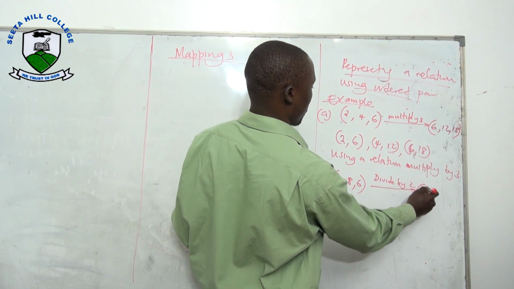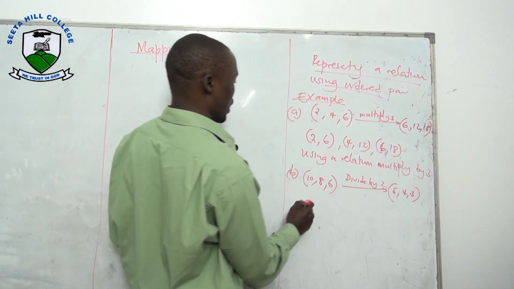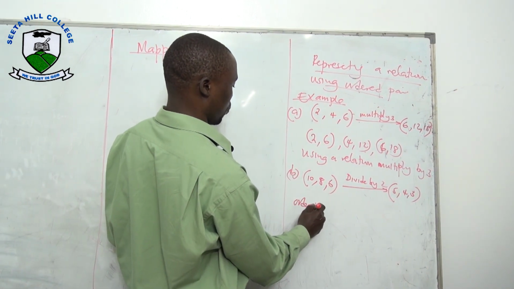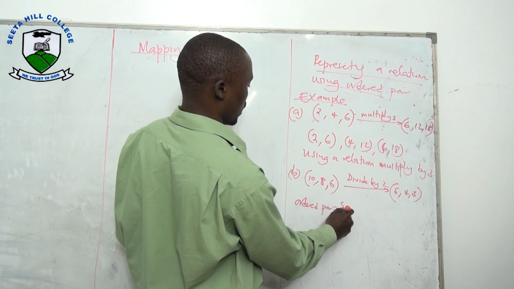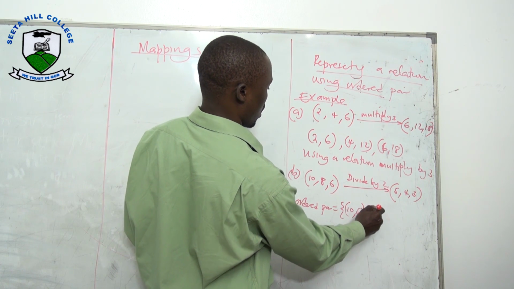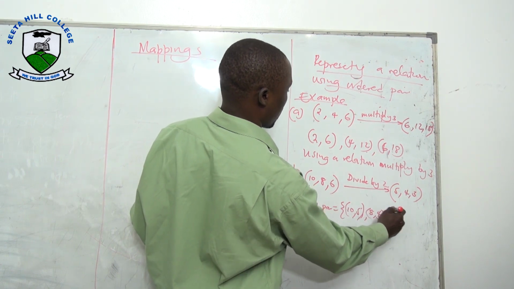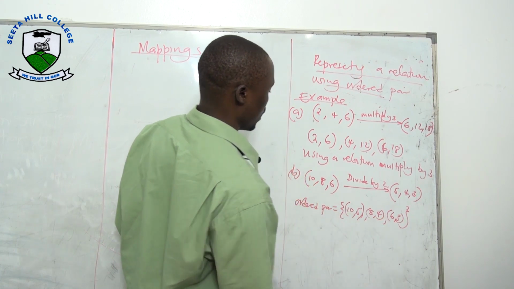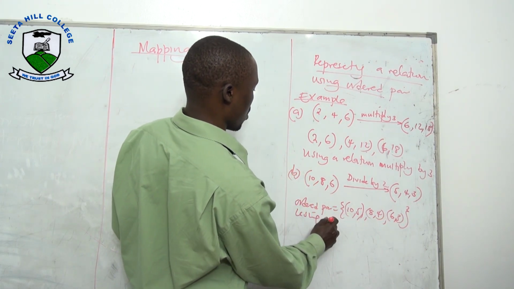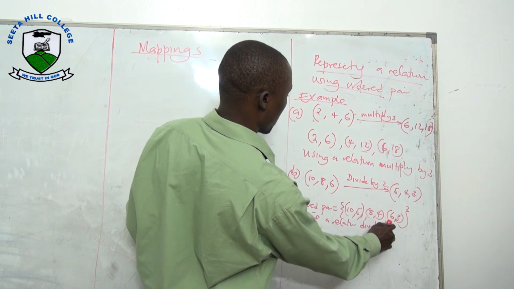Therefore, we'll have 4, 3. What is the ordered pair? 10, 5. That pair is 10, 5, 8, 4. 8, 4, 6, 3. Using a relation, etc., using relation divide by 2.